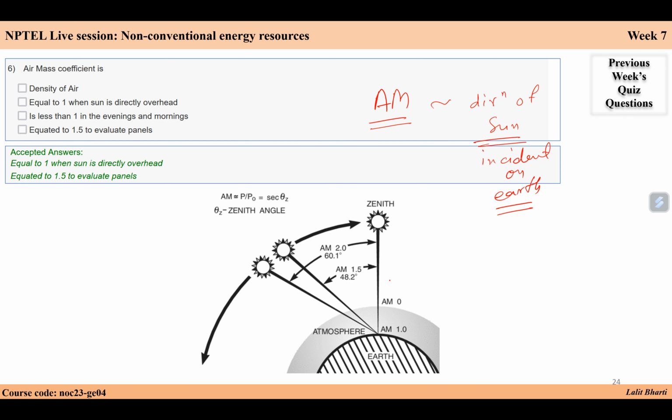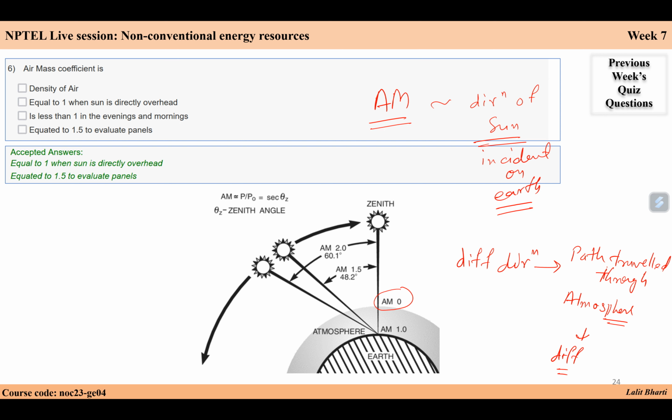With different directions, the path traveled through the atmosphere will be different.